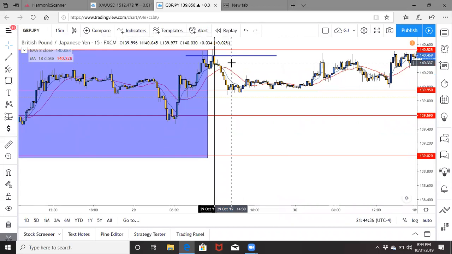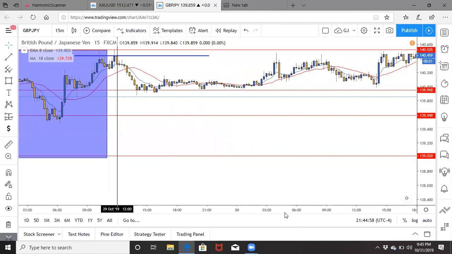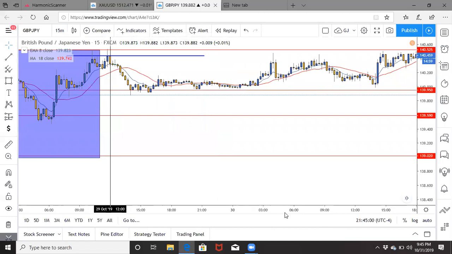Everybody know what an engulfing candle is? Bearish engulfing candle. You got a bullish candle, bullish, bearish makes resistance. Bearish, bullish makes support. Right? So if we have a bullish engulfing candle, I'm gonna show y'all what that looks like. This right here would be classified as a bullish engulf. You got your bearish candle, your bullish candle that makes support. You got a bullish candle that fully engulfs that bearish candle.